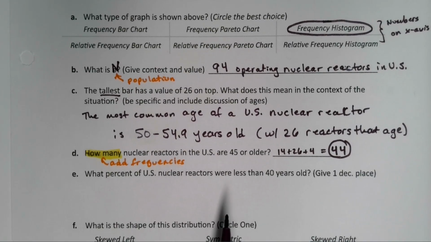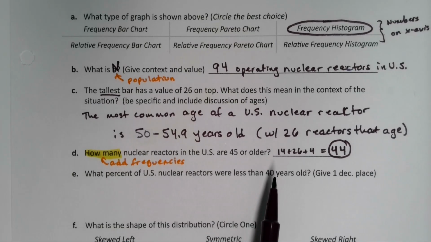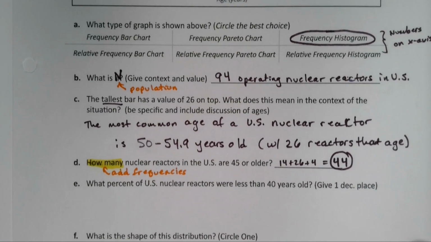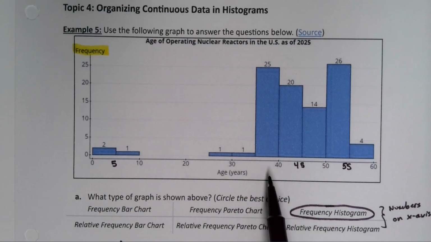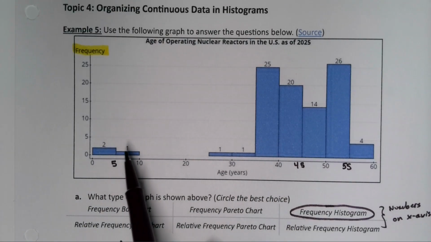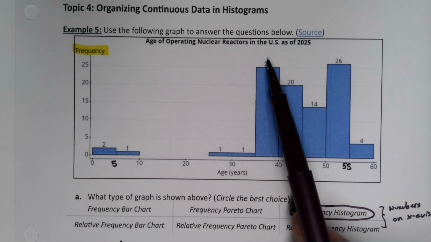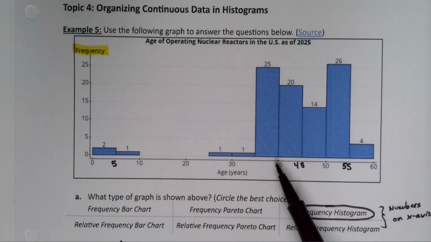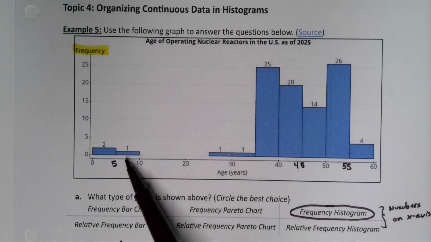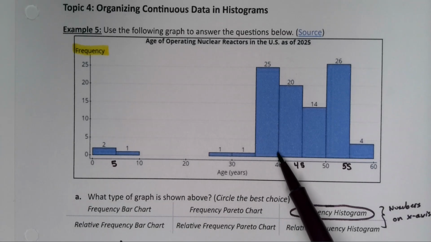What percent of US nuclear reactors were less than 40? Okay, less than 40. 40 is right here. So less than 40 is all of these ones. First of all, we add up how many there are: 1, 2, 3, 4, 5 plus 25 makes 30. So there are 30 reactors that are below 40 years old, because 40 starts right here.